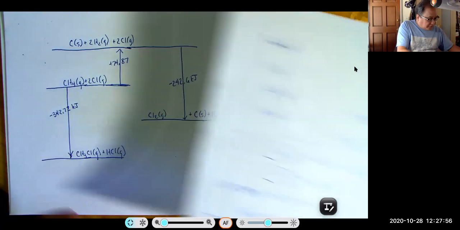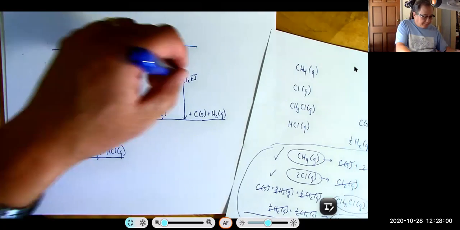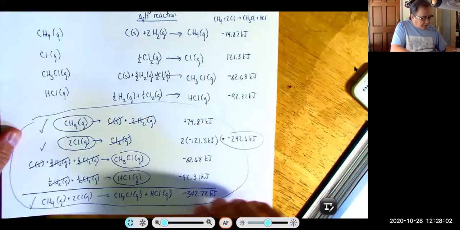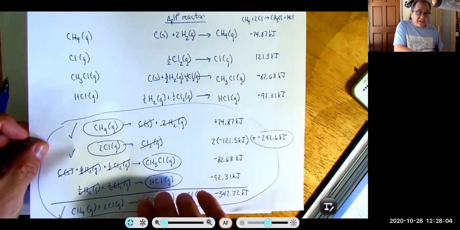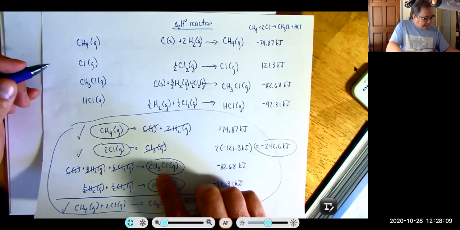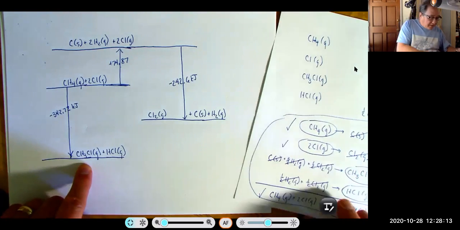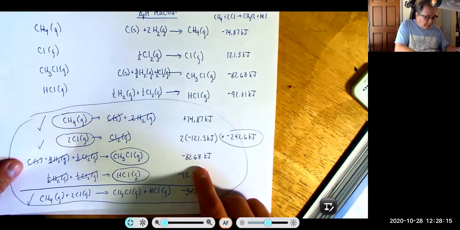Okay, so far we have three reactions incorporated here. 1, 2, 3. Now we have to incorporate two more. Let's take a look at this one here. This one that ends up at CH3Cl, and there it is. So I want to draw an arrow going down 82.68.